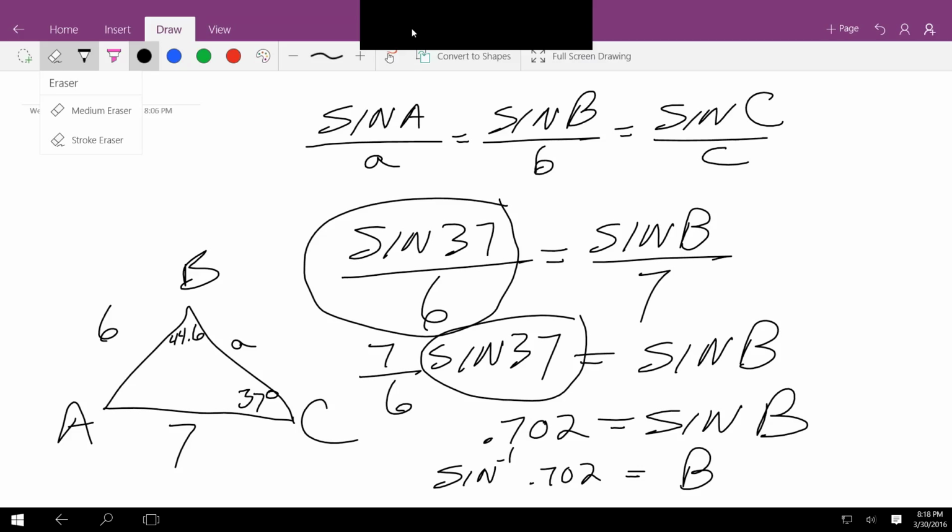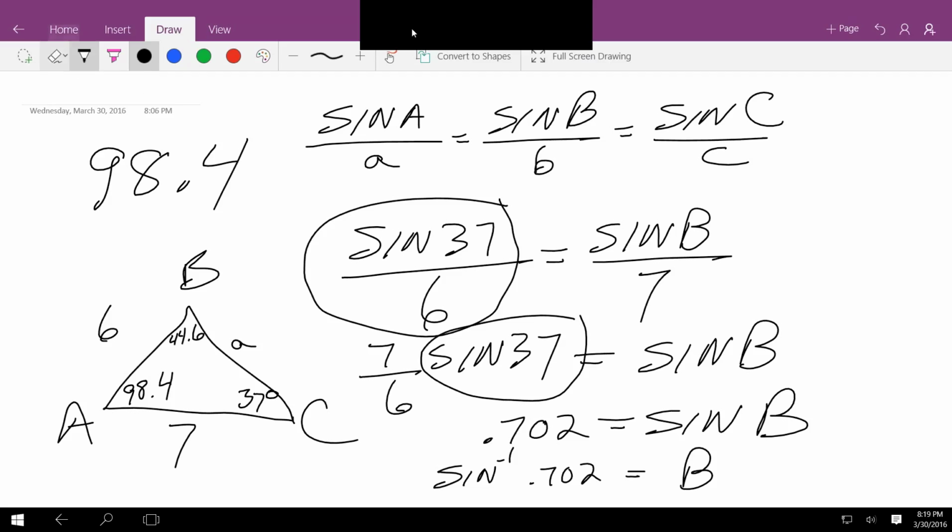You could add up 44.6 plus 37, that's 81.6, then subtract that from 180, so we're looking at 98.4. That's angle A, even though I haven't drawn it to scale. That's still angle A. And now we can use the law of sines to find side A, side little a.